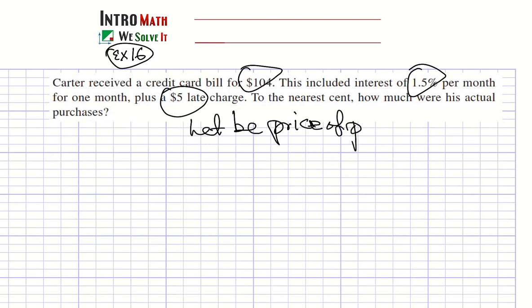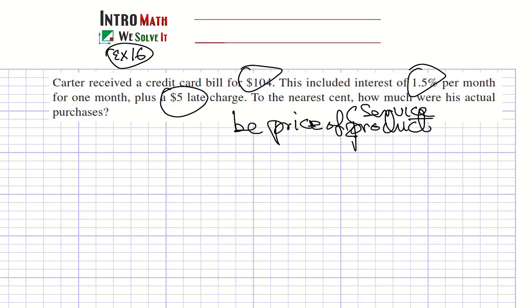Price of the product, whatever he bought or whatever service he bought. Product or service, it doesn't matter. It could have been a service. Let x be that.